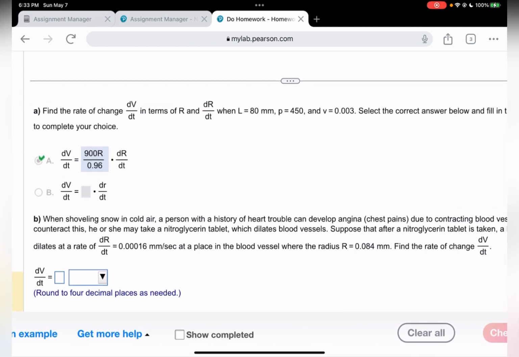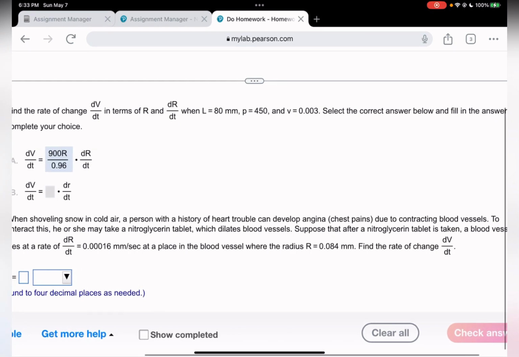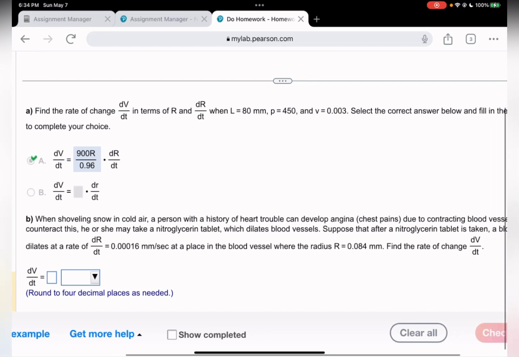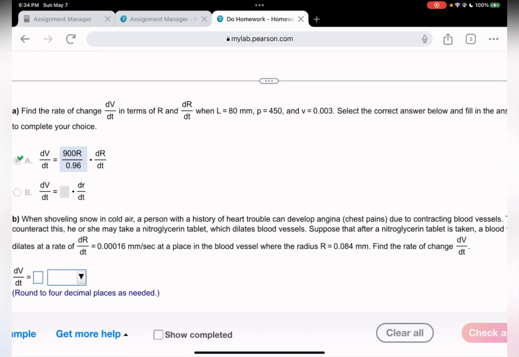So let's read one more time. When shoveling snow in cold air, a person with history of heart trouble can develop angina, chest pain due to contracting blood vessels. To counteract this, he or she may take a nitroglycerin tablet, which dilates blood vessels.